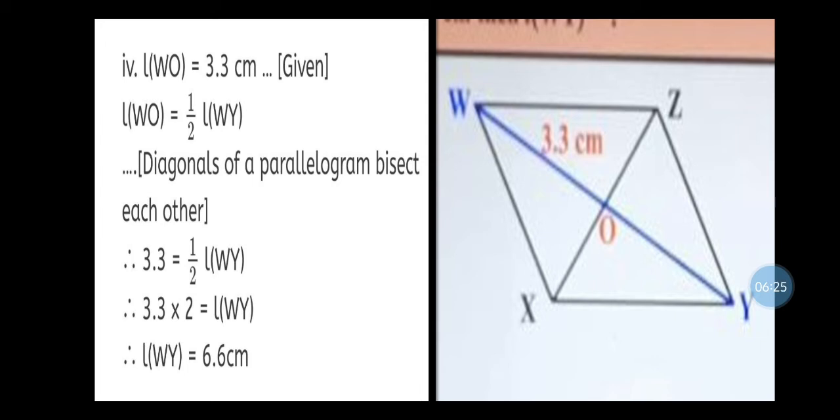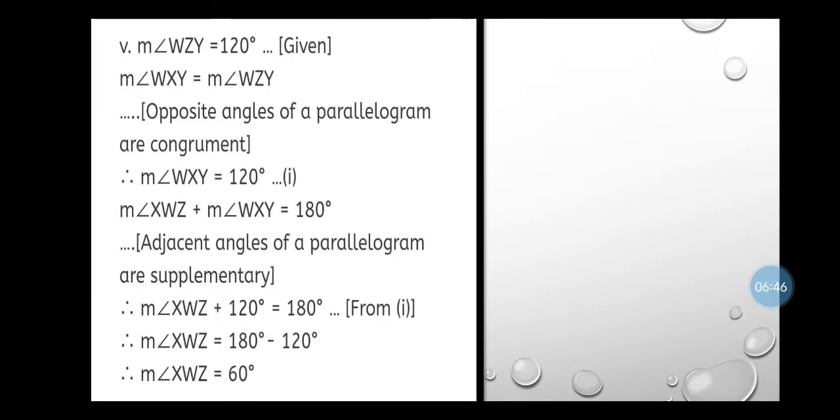That means the diagonal is bisecting. So substituting the values, we get 3.3 is equal to half of WY. So we'll get WY is equal to 3.3 into 2. That is WY is equal to 6.6 centimeter.